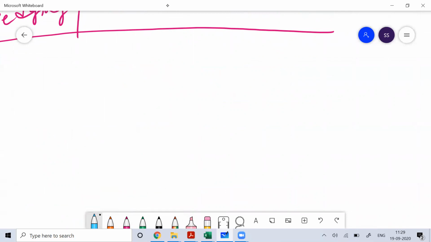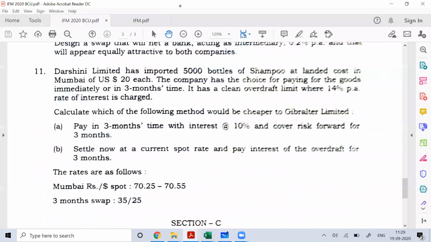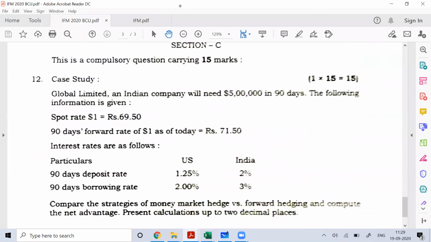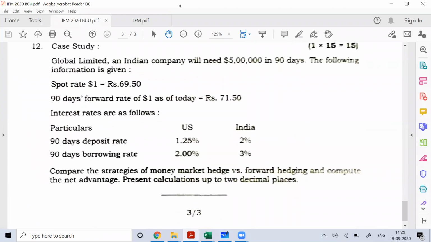So after that, see the next question. See the question number 12, case study. Let me click the screenshot.